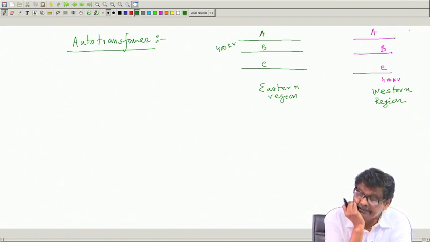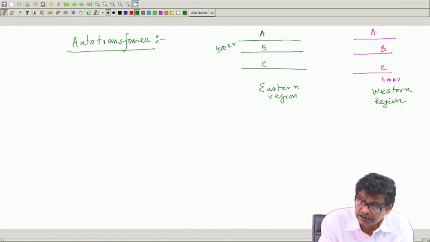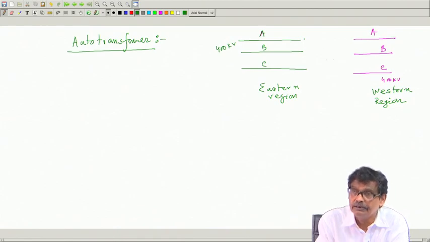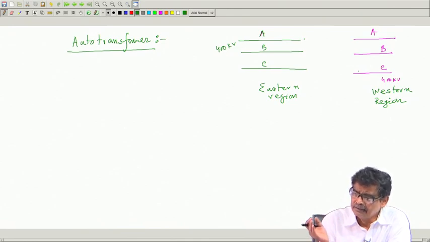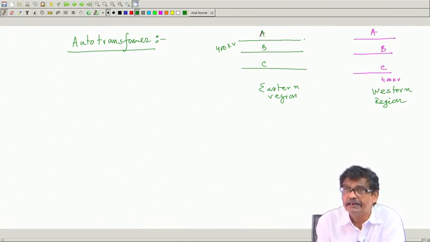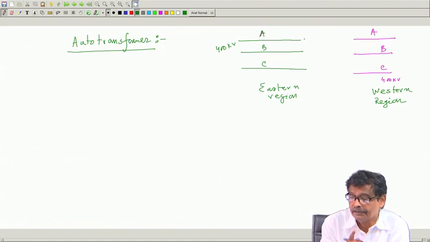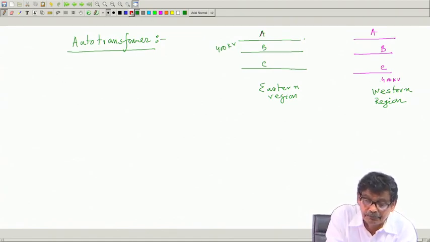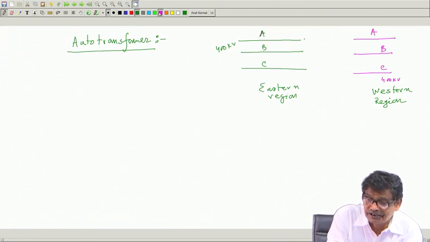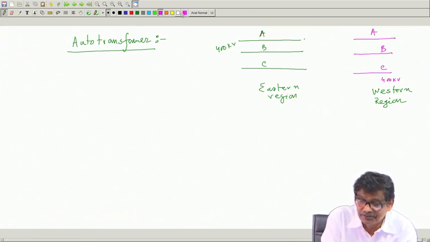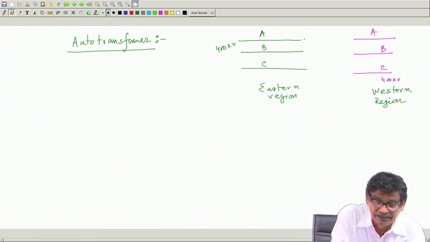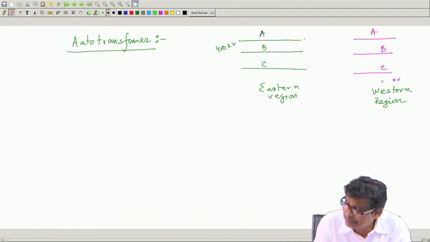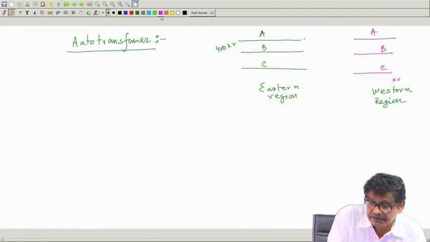Now, what happens is this is 400. When you connect these two, if you want to short this, you cannot just do it like that, because the level of the voltage must be the same. It may so happen that this side voltage is not 400 kV, because of some practical reason, or otherwise it is, suppose, 390 kV.